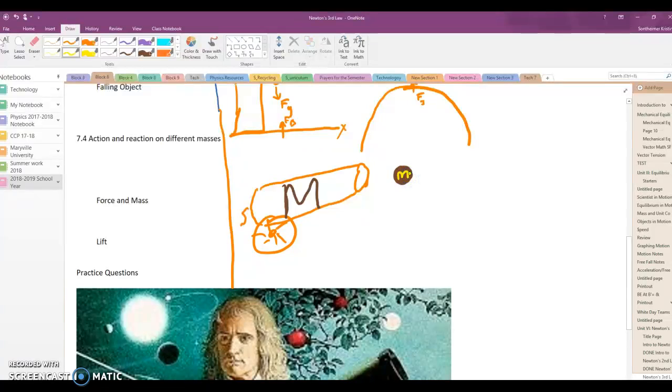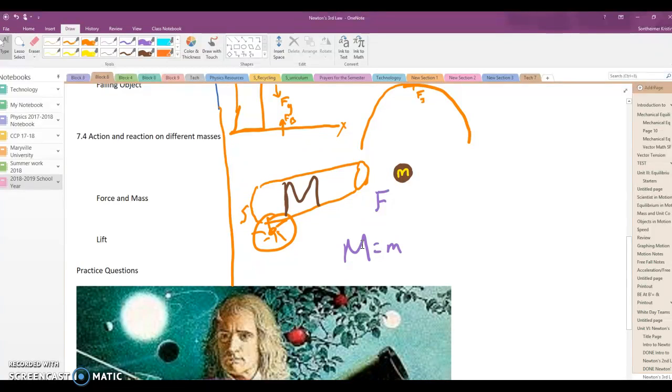We have learned if the exact same force F is applied, then in order to get these to balance out, if I have a big mass, I'm going to have a small acceleration. If I have a little mass, I'm going to have a big acceleration.